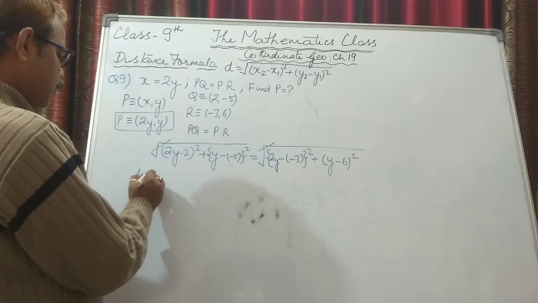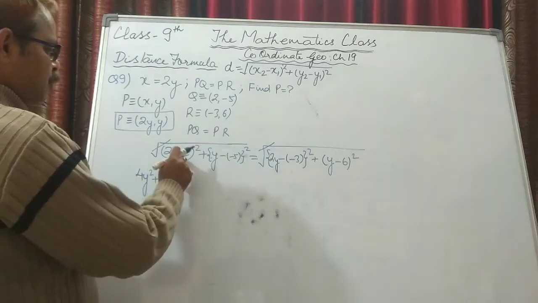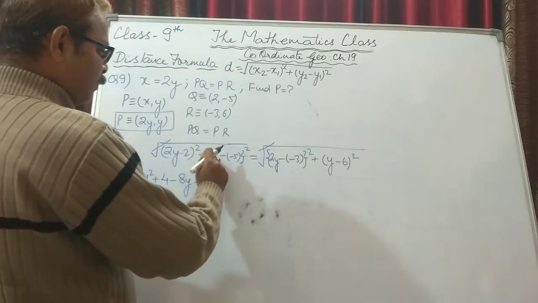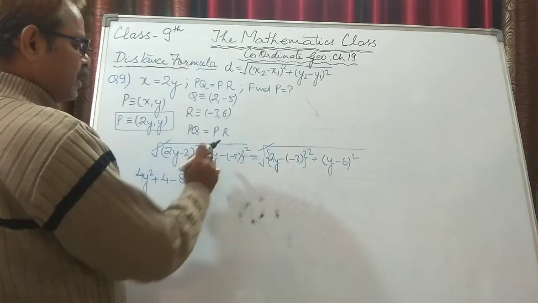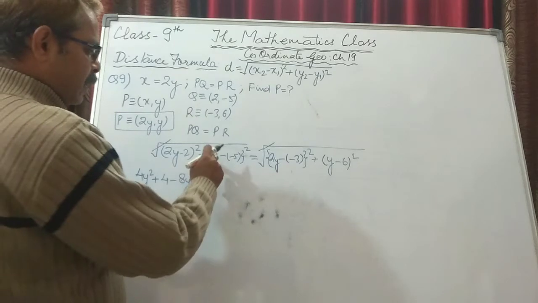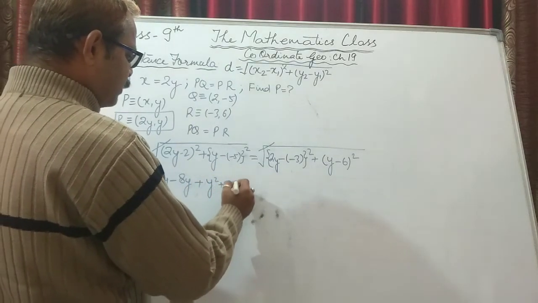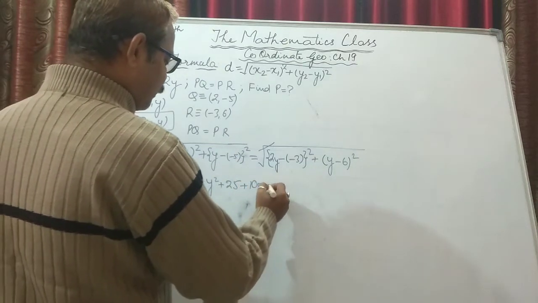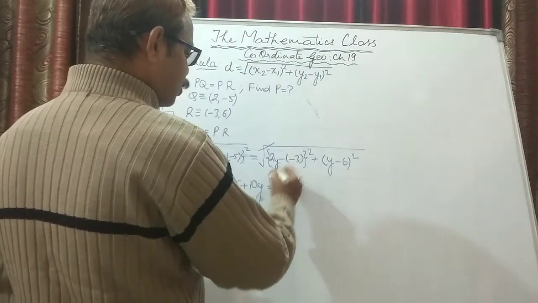That will be 4y² plus 4 minus 2ab, 2 times 4 is 8y. Then plus y, and it will become minus and minus plus 5. So it will open with the (a + b)² formula. So y² plus 5 times 5 is 25 and plus 2 times 5 is 10y, is equal to, now this again (2y + 3)².